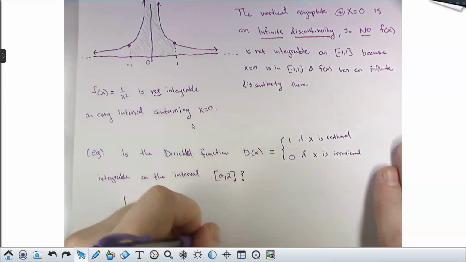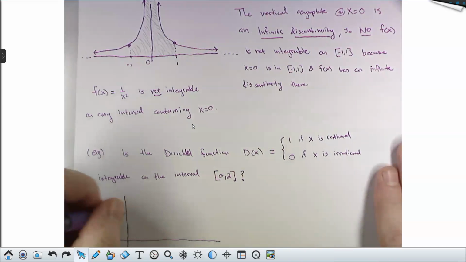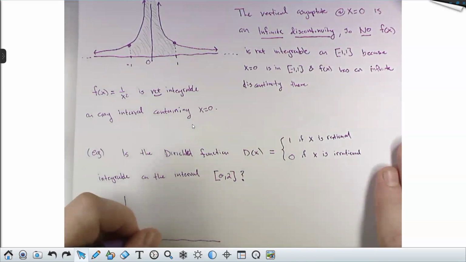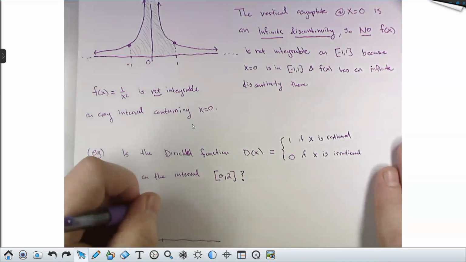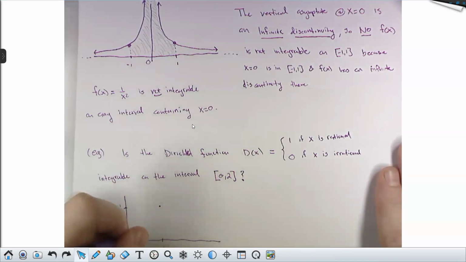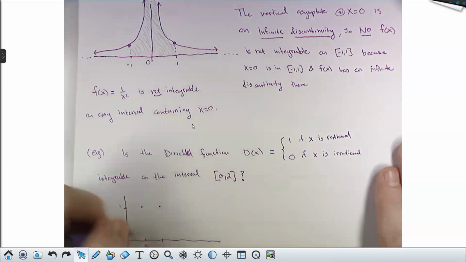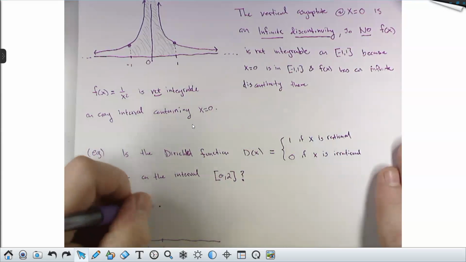Its graph, I put 1 up here, looks like this. If I feed this thing 1 as an input, 1 is a rational number. If I feed it 1/2 as an input, 1/2 is a rational number. If I feed it 1/3 or 1/4 or 1/5, all of those are rational numbers.